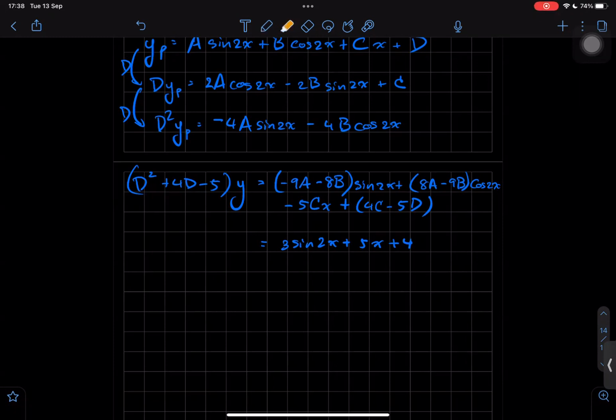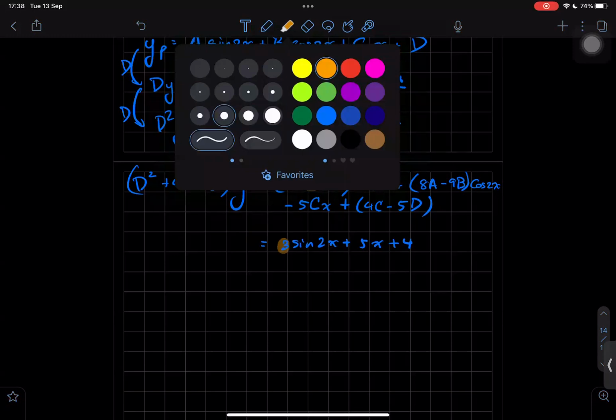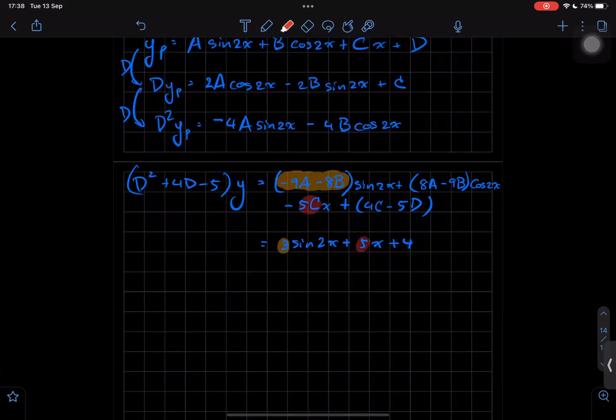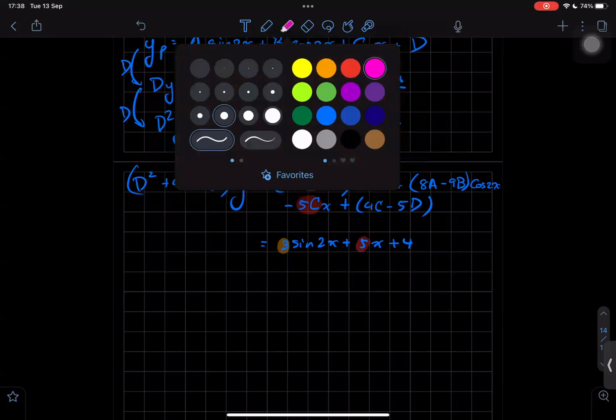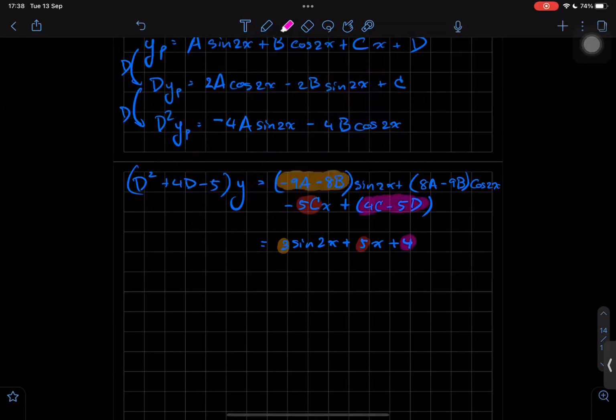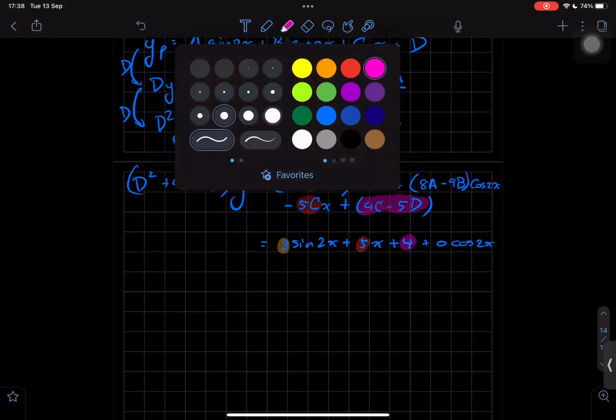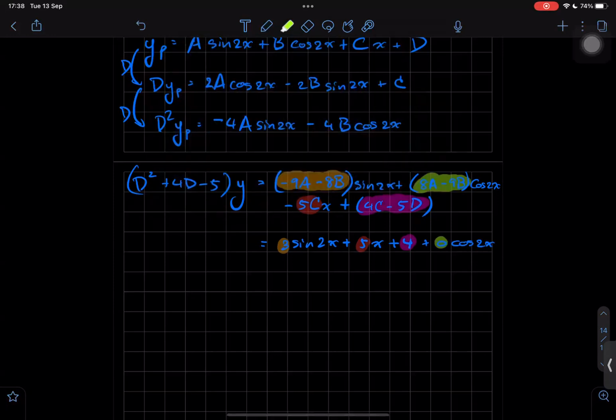So the sine 2x coefficient has to equal 3, the x coefficient has to equal 5, and the constant has to equal 4. You can write it as 0 cos 2x, so the cos coefficient has to equal 0.